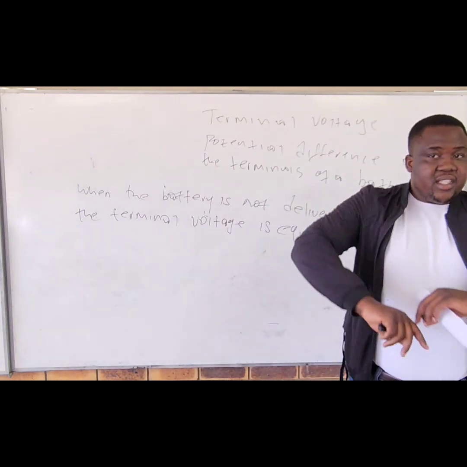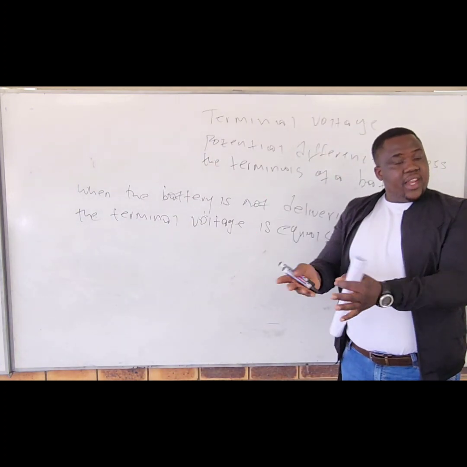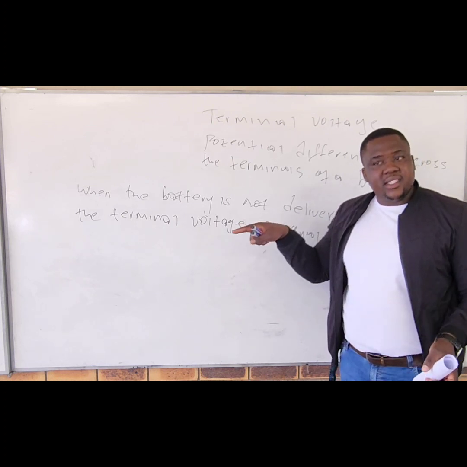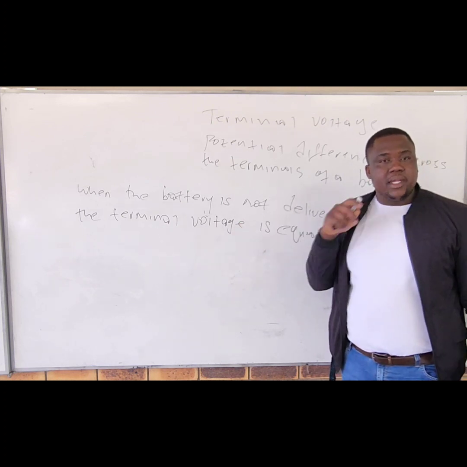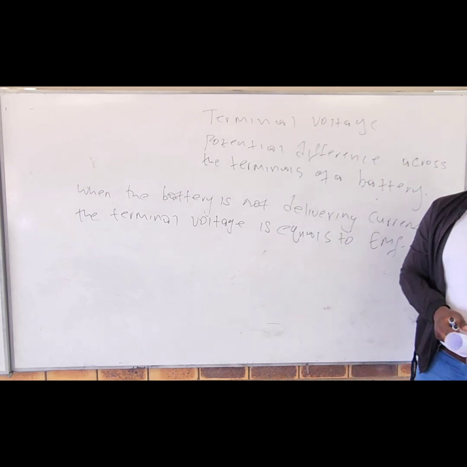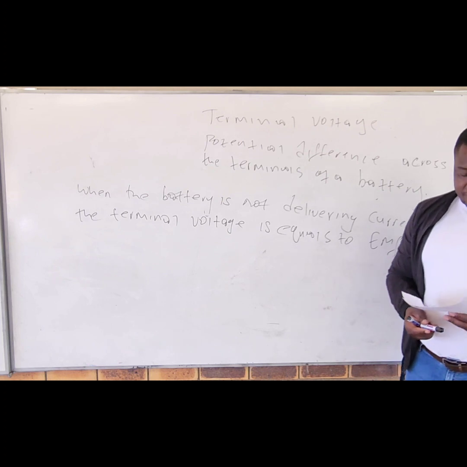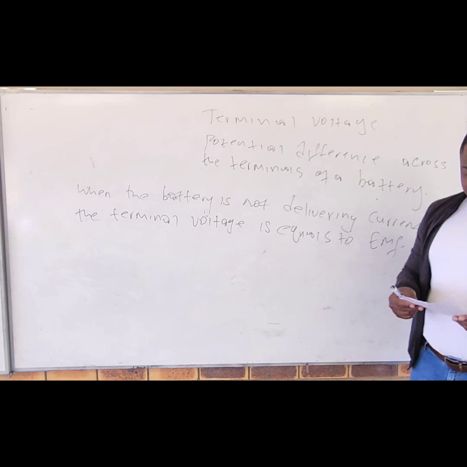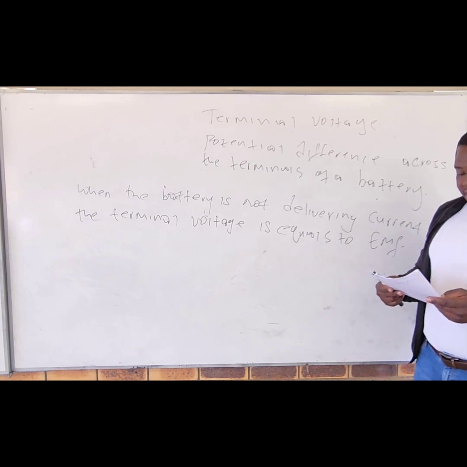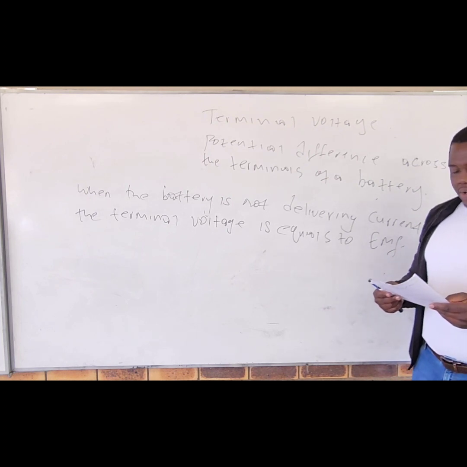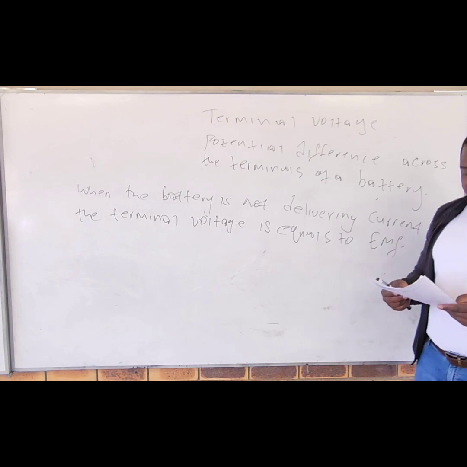Then it means the energy that will be circulating in the circuit will not be the same as the maximum energy that the battery can provide. Some of the energy would have been lost because of heat. Let me read this. When the battery delivers current, the terminal voltage is less than EMF because some of the energy is lost in the form of heat.